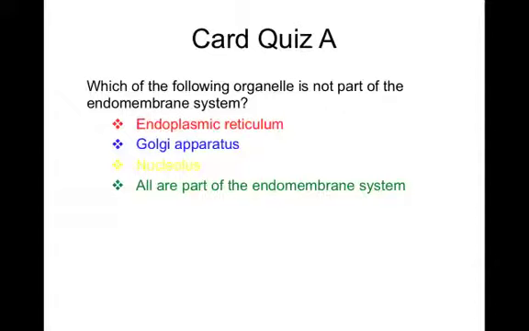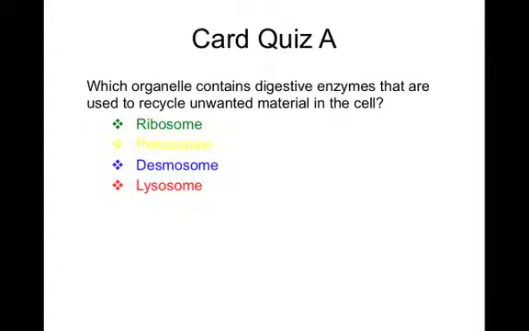Let's take a quick card quiz before we finish this section. Which of the following organelles is not part of the endomembrane system? Which organelle contains digestive enzymes that are used to recycle unwanted material in the cell?